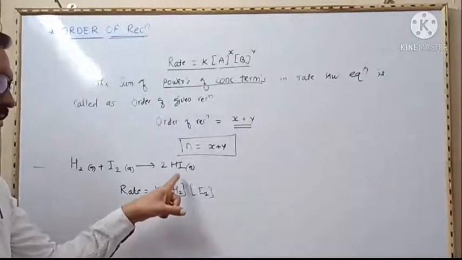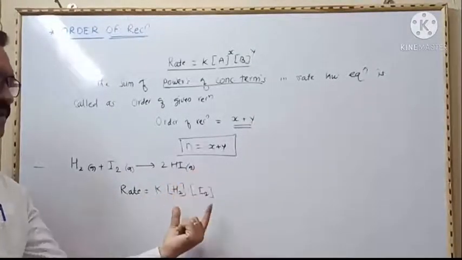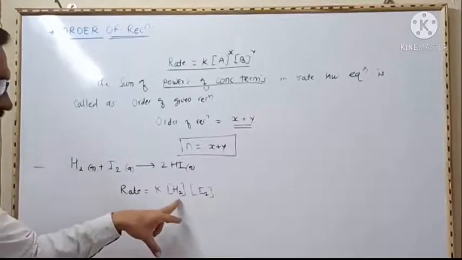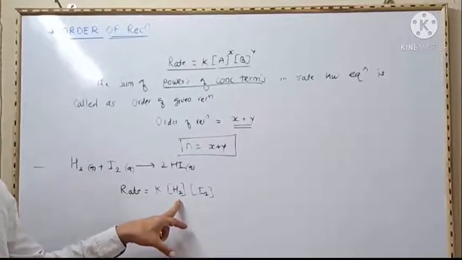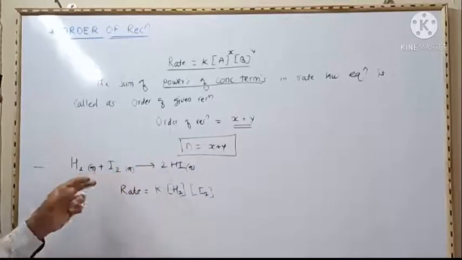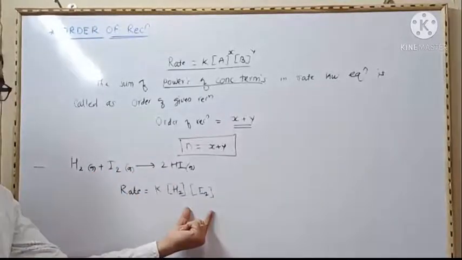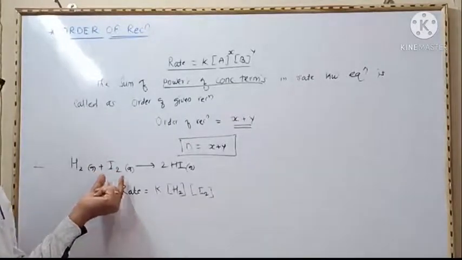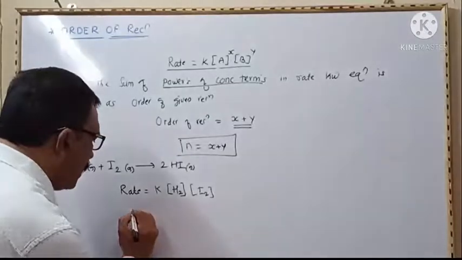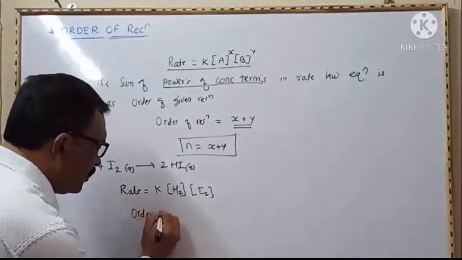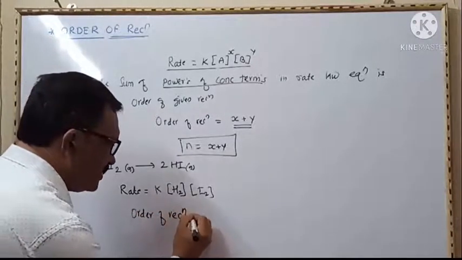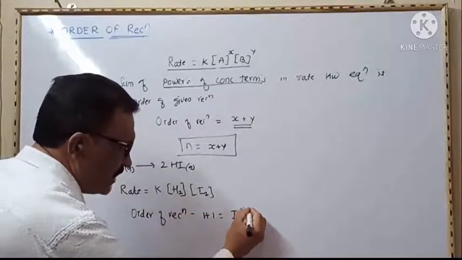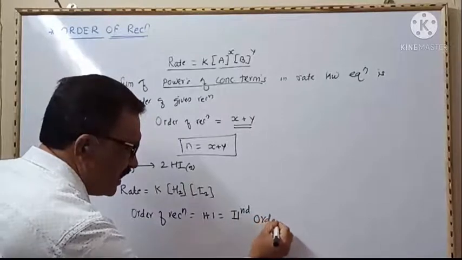The power is equal to 1 for both concentration terms, and hence we can say that the reaction is first order with respect to hydrogen, first order with respect to iodine, but the overall order of reaction is equal to 1 plus 1, that is, the given reaction is second order.